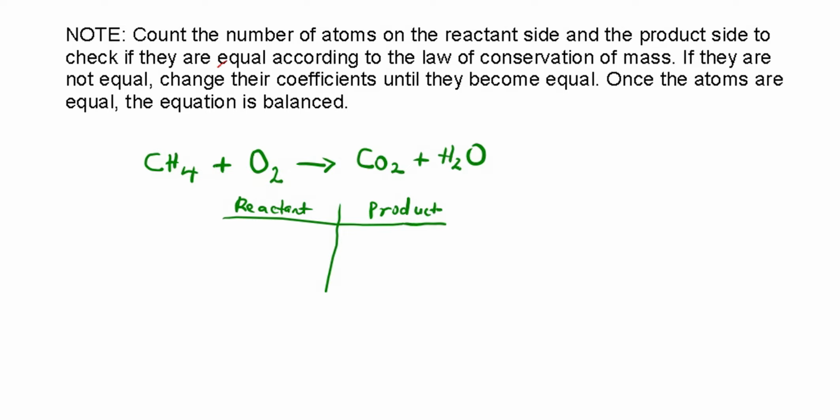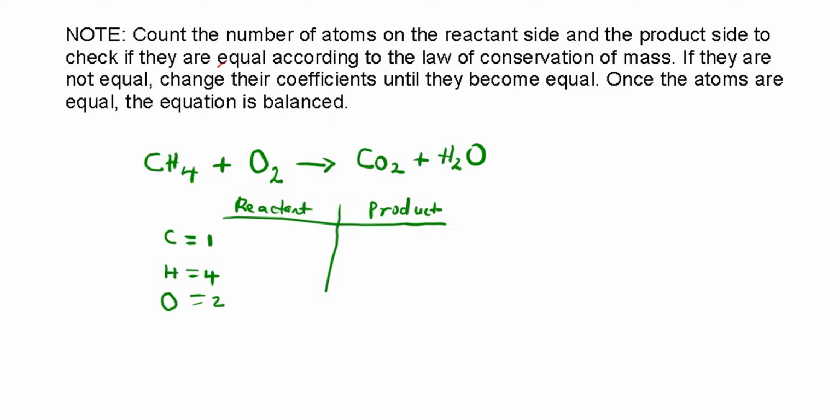How many atoms of C do we have? One. Let's go to H. How many atoms of hydrogen do we have? Four. Let's look at oxygen. How many atoms do we have? Two. Now let's move to the product side.